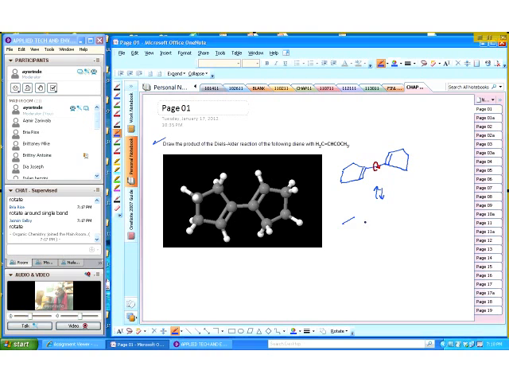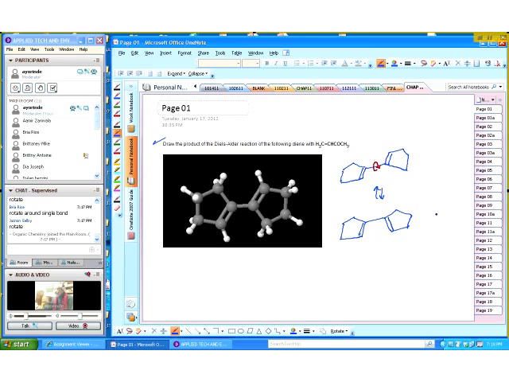So now I will obtain this. Now we have this. Now the double bond is here. So now we have the cis conformation.